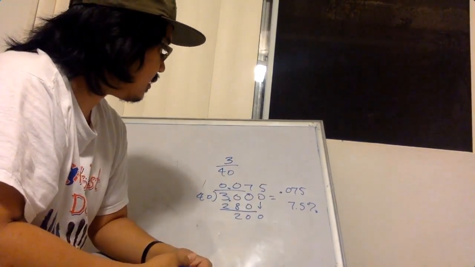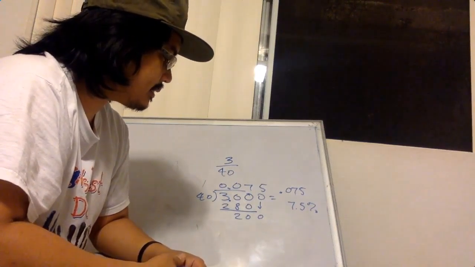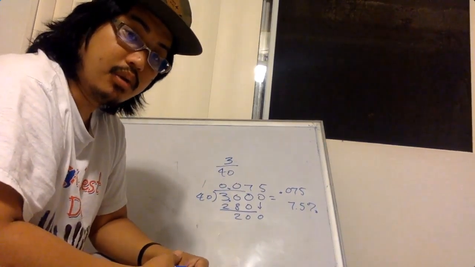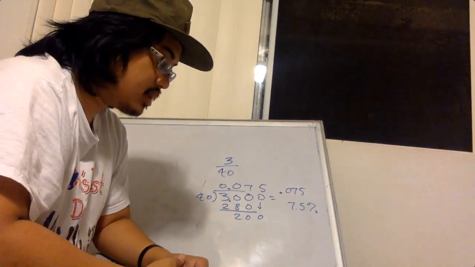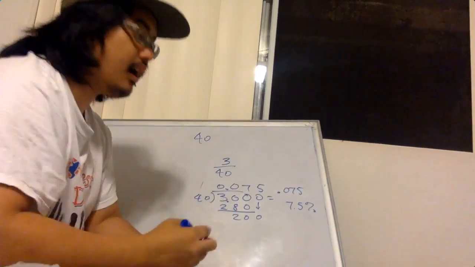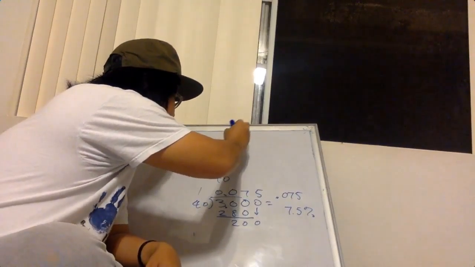So she increased her weight by 7.5%. Or you could say, she was 40 and if she went up by 7.5%, then she'll go to 43.